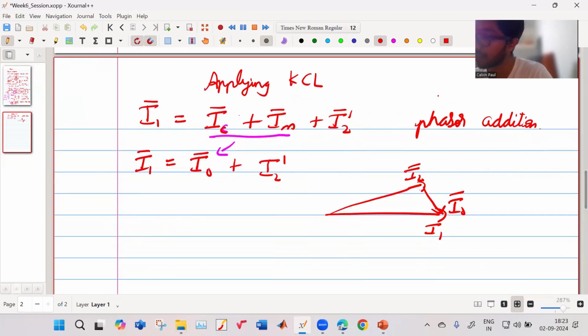There are two errors which are happening. One is my ratio error. What does the ratio error mean? My I2 prime upon I1 is not equal to 1. This is one error which is occurring.